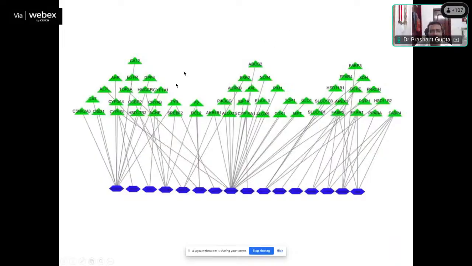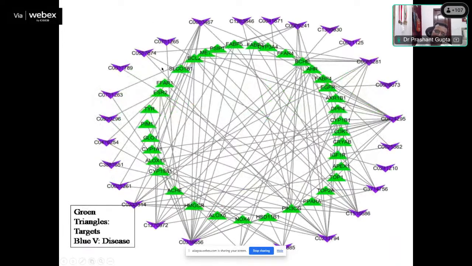So these green colors are their targets. Let's say this is an X bioactive, it works on EGFR. This is another bioactive which works on NOX4, and this is a pattern. The next step is, these proteins are involved in this number of diseases.